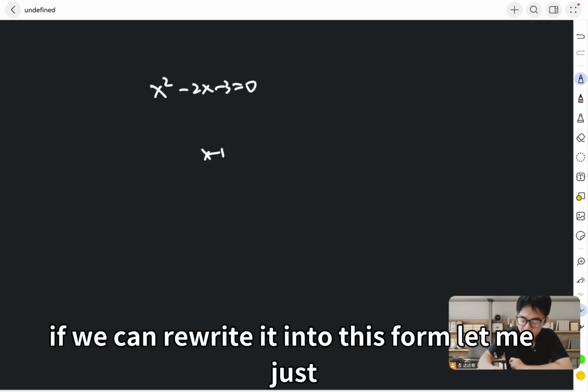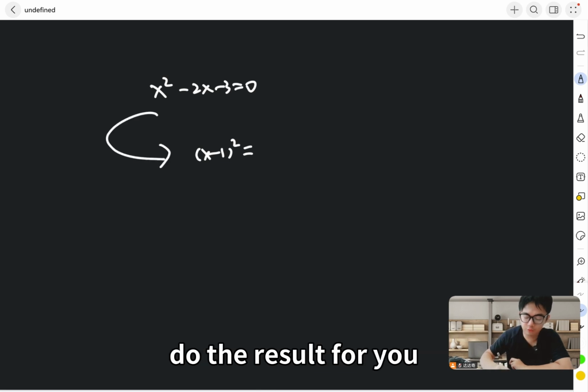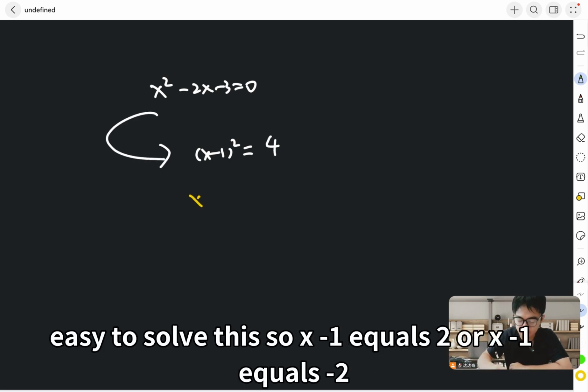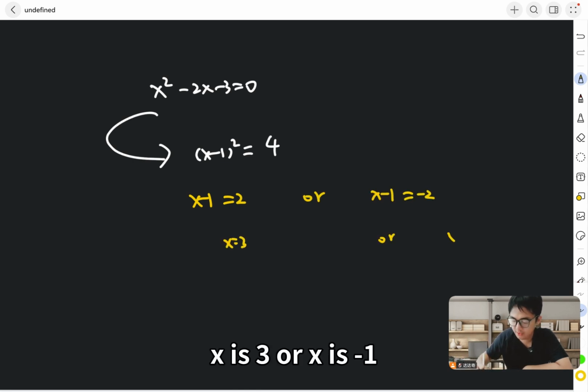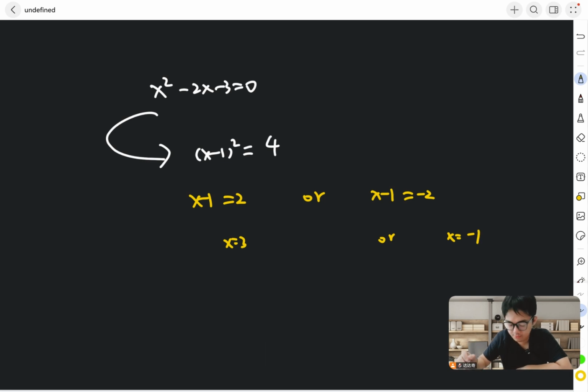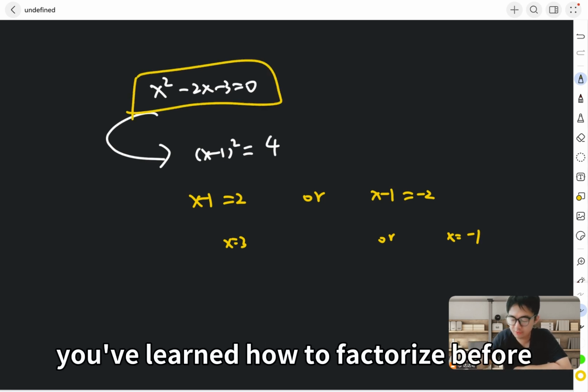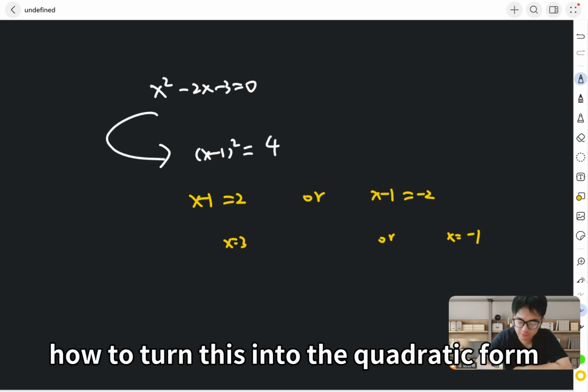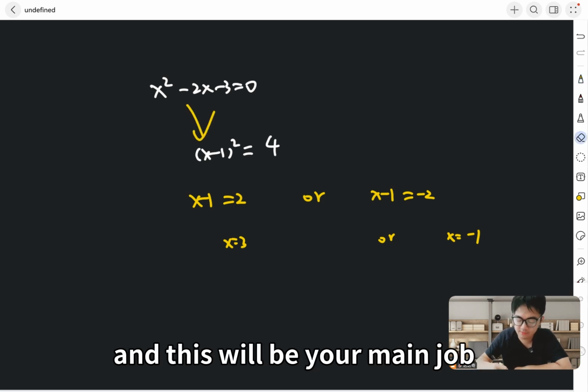If we can rewrite it into this form, let me just do the result for you. It will seem easy to solve. So x minus 1 equals 2, or x minus 1 equals minus 2, x is 3, or x is minus 1. You've learned how to factorize before, and now you need to learn how to turn this into the squared form, and this will be your main job.